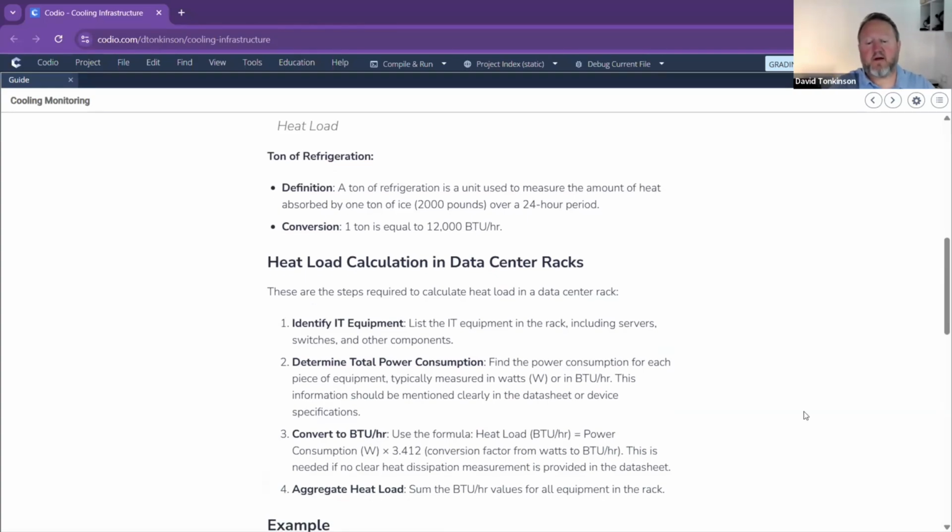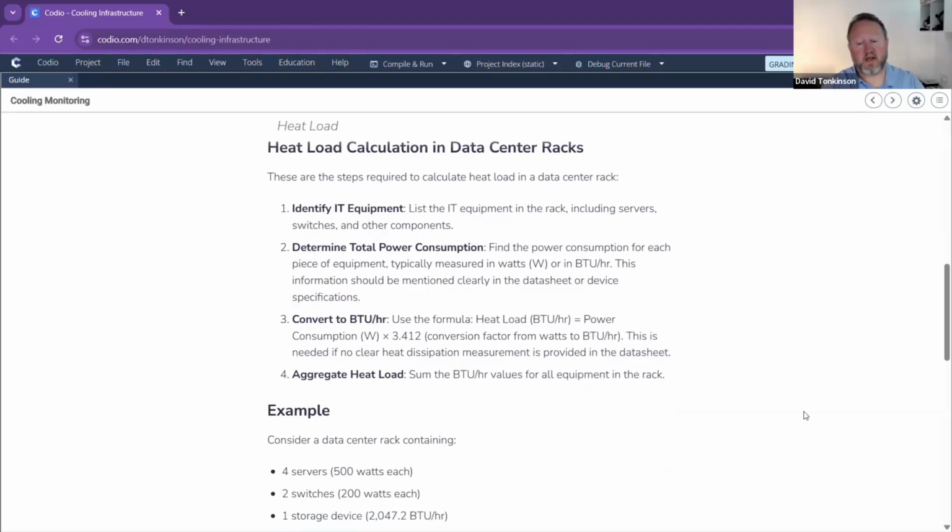So what we have is a heat load calculation check. The way we do it is we identify the systems in our data rack, and our data rack systems tend to be rated as a BTU per hour. A lot of systems will actually have a manufacturer BTU per hour.